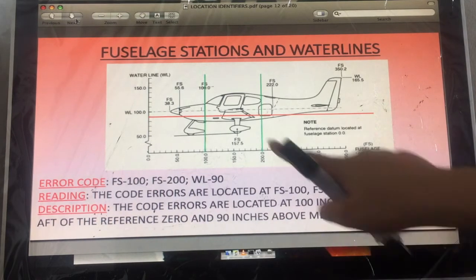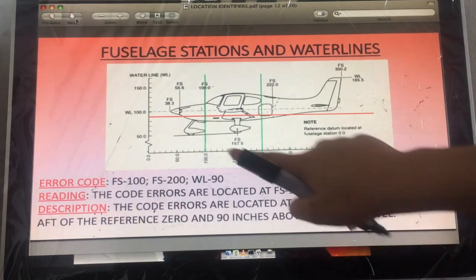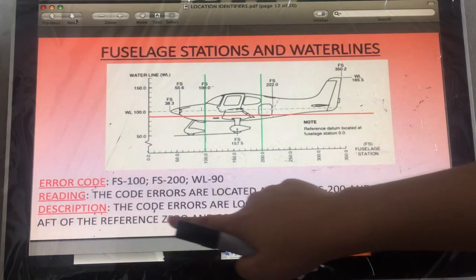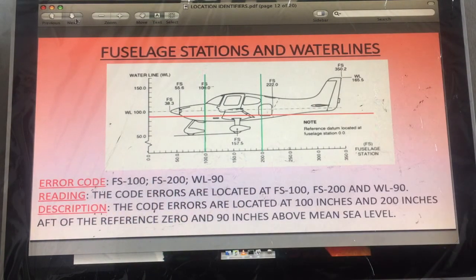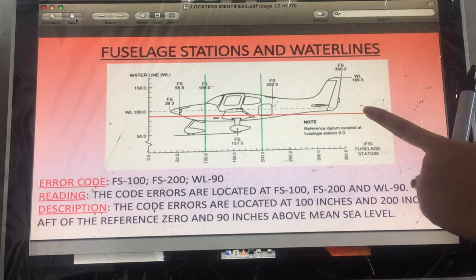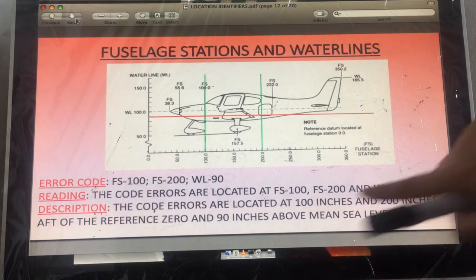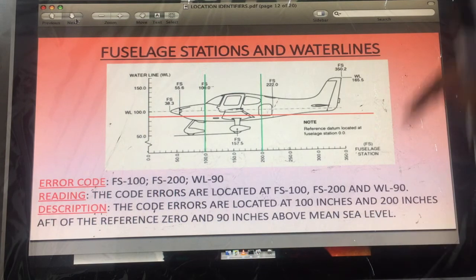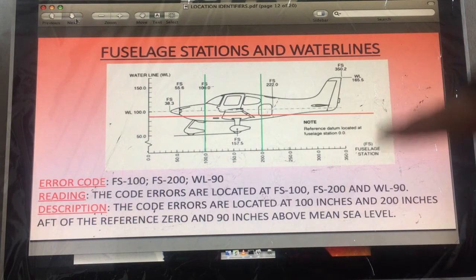Bakit? Kasi yung 100 and 200 inches ay nasa fuselage station. So, ang reference point natin ay aft of the reference 0. And then, to indicate the water line, you put and 90 inches above mean sea level. So, ganyan lang. Unahin nyo lagi ang fuselage station, tapos water line.